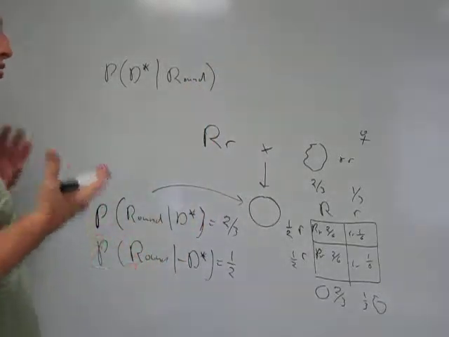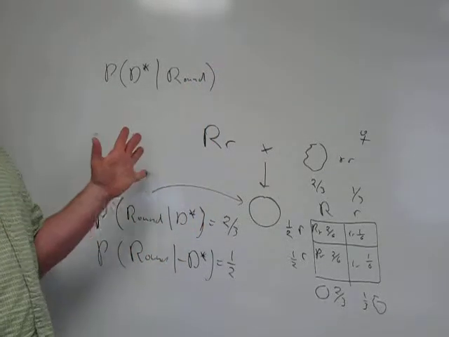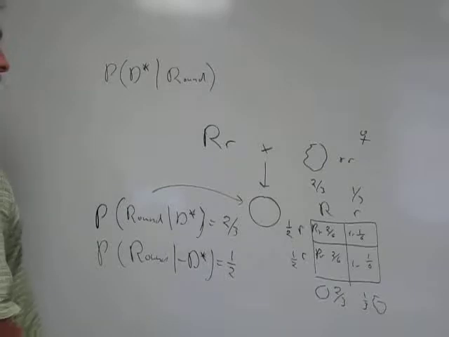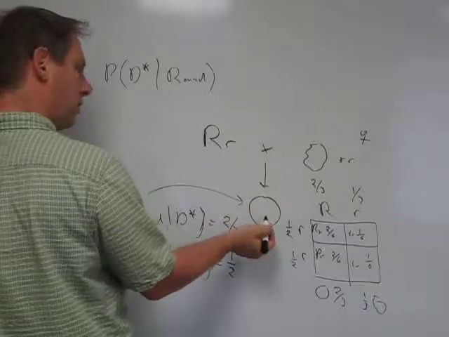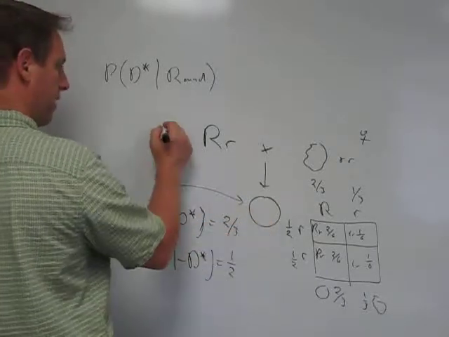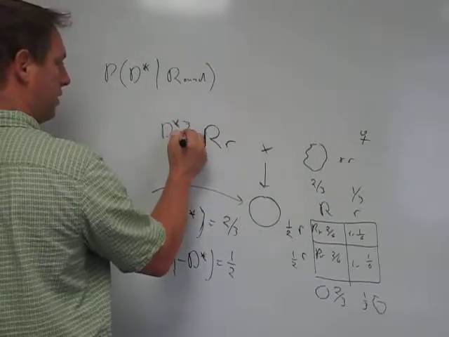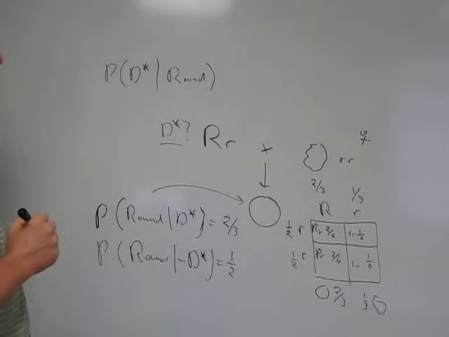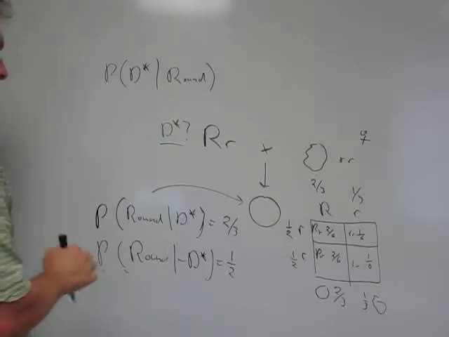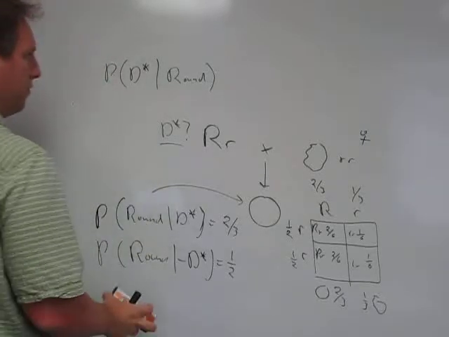Okay, now you should immediately, when you hear this, think Bayes' rule. And the reason you should think of Bayes' rule is because we have an outcome, and we're trying to ask something about the condition of this individual here. Specifically, is that individual D star? Okay, so let's actually set that up in the framework of Bayes' rule.